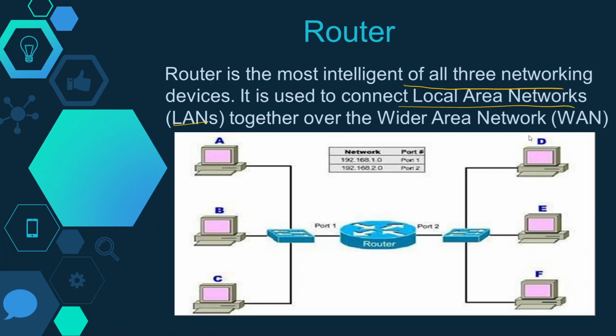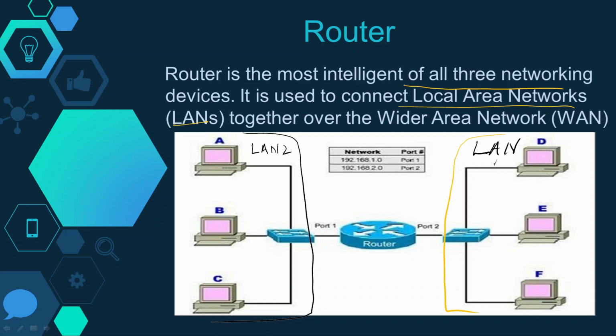Here we can see in the diagram, let's suppose this is a LAN. We can call it LAN 1. This is also a LAN and we can call it LAN 2.